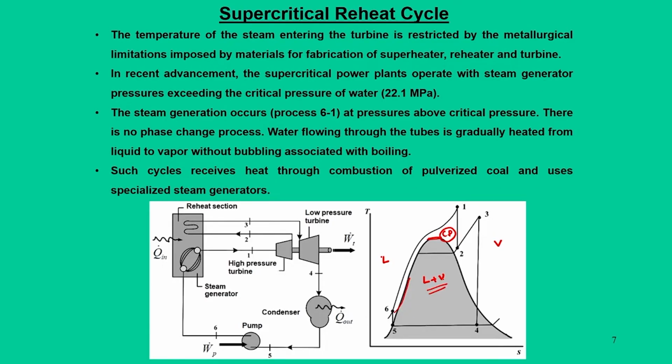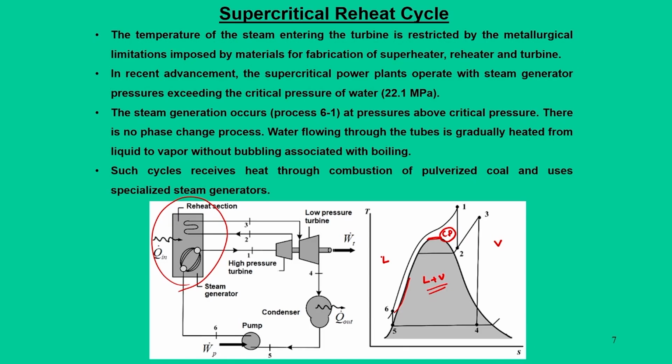That means the boiler arrangement, which is our steam generator unit, is equipped in such a way that we create a pressure such that liquid water goes directly to steam, and that means we have to operate at a pressure above the critical pressure.